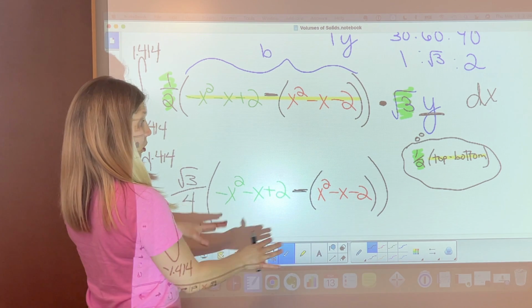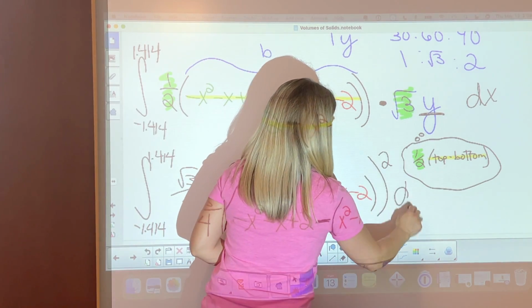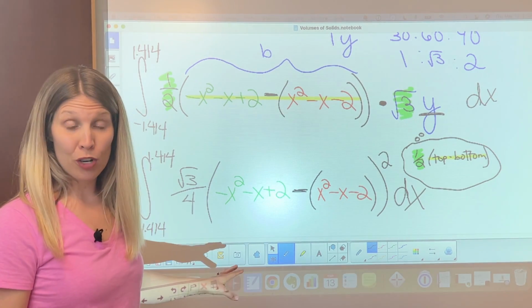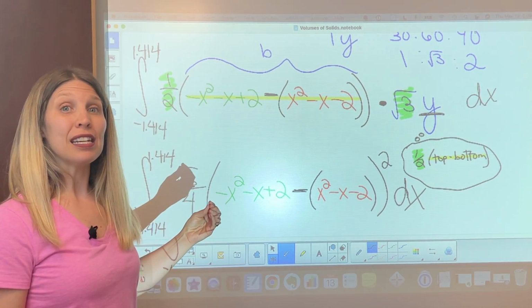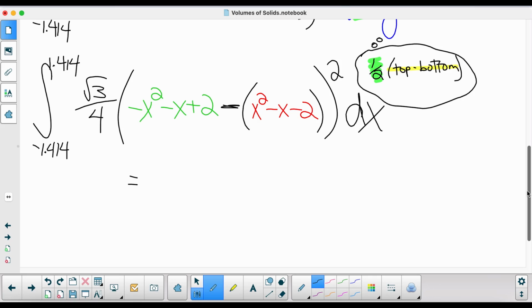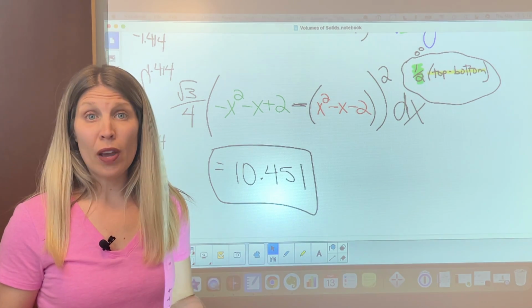All my parentheses are right. This is in parentheses, and then square it, dx. So this would be your equation for the equilateral triangle. So when you put all this in your calculator, you should get 10.451.